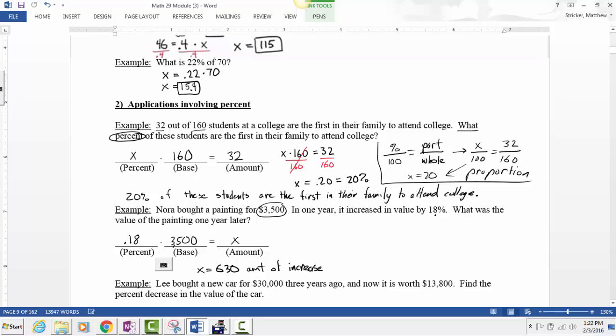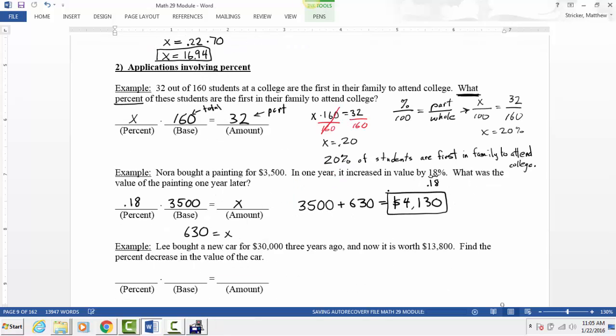Okay, we found that 18% is equivalent to $630. But what was the value of the painting 1 year later? Well, what do we have to do with that 630? Hopefully what you're thinking is we need to take the original value and add 630 to that. So when you do that, you get $4,130. That's the value of the painting 1 year later.